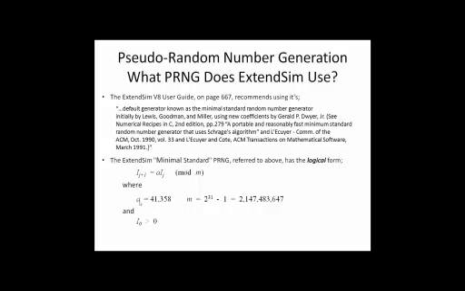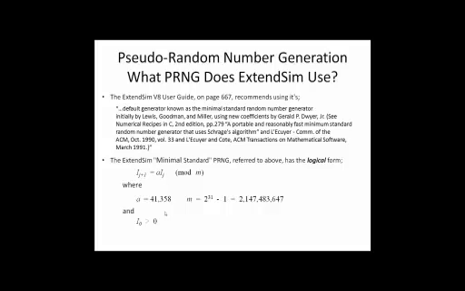The ExtendSim generator uses a multiplier of 41,358, and the modulus is 2 to the 31st minus 1, or about 2.15 billion. The other requirement on the generator is that all numbers in the sequence that's generated by this have to be positive. 0 is not a candidate for the starting value.